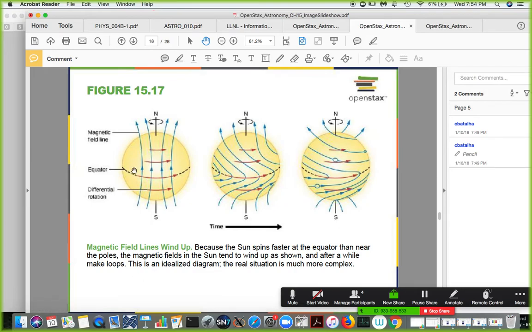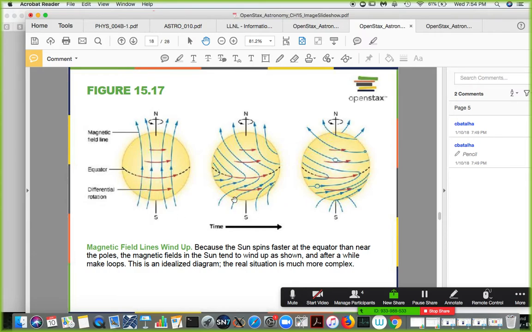Now, think about the sun rotating, taking 25 days to complete one rotation at the equator. As this gas rotates, this gas is pretty much ionized, it generates a global magnetic field in the sun.